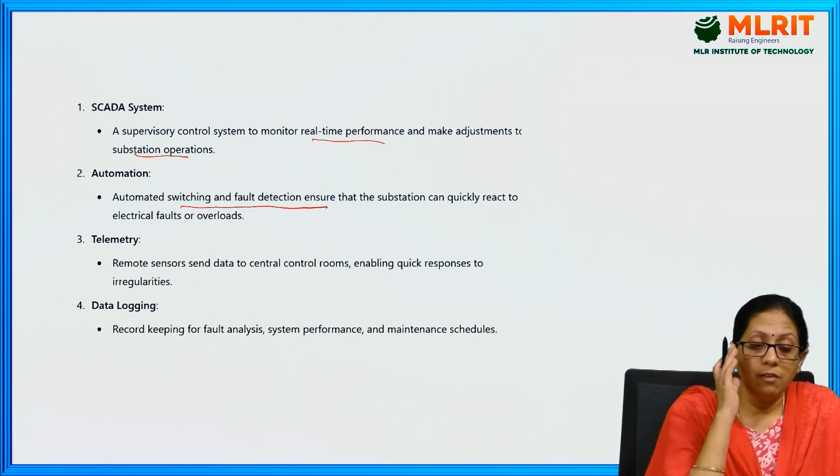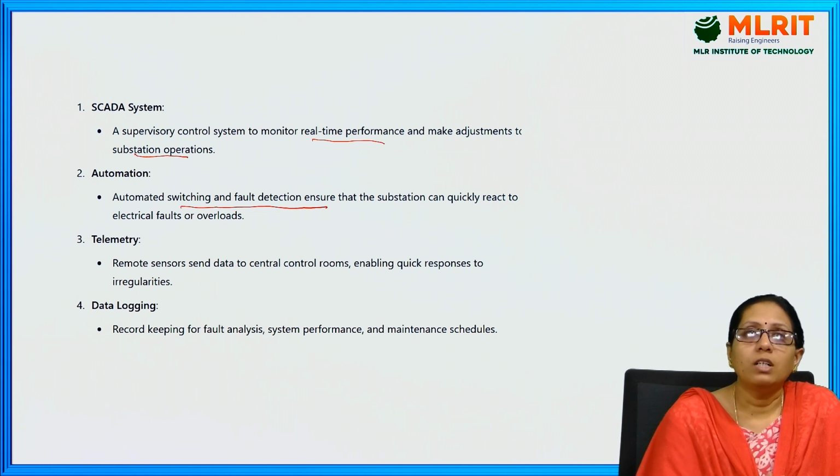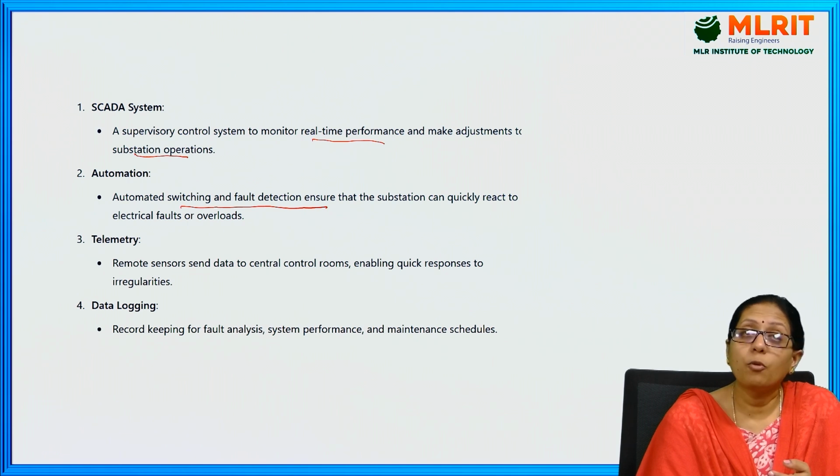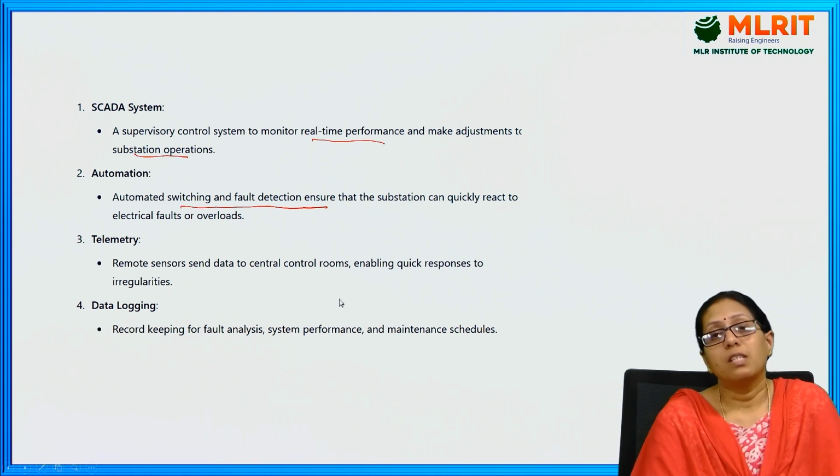And if there is no fault, we have to switch the device on again. The switching on as well as switching off should be done automatically based on the fault current, in order to protect the device and to increase the efficiency of the overall system.